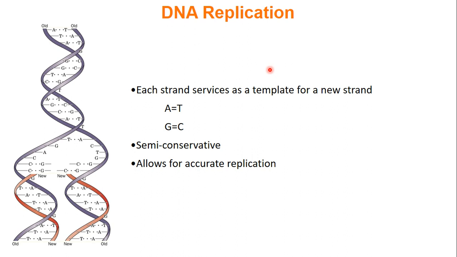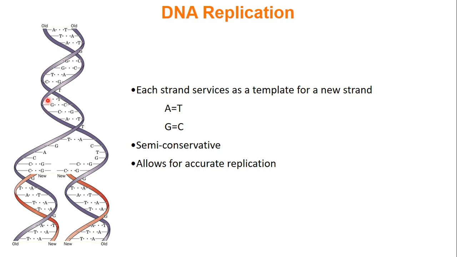Now let's look at DNA structurally and think about its replication. In the last video, we talked about how DNA is a double helix. And this double helix form already proposes a way for DNA to be duplicated.